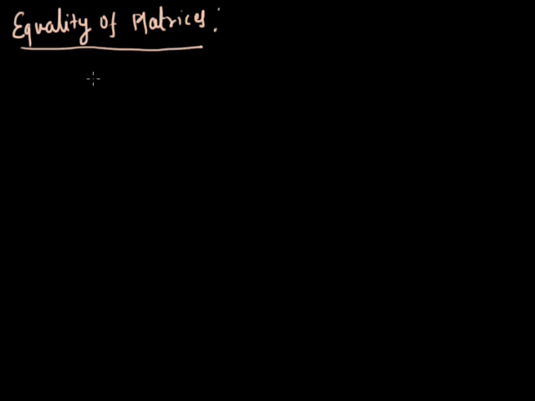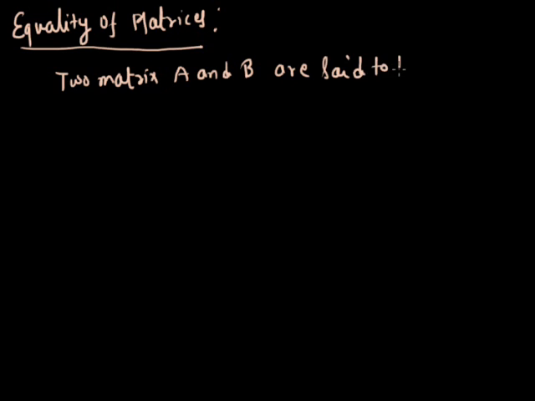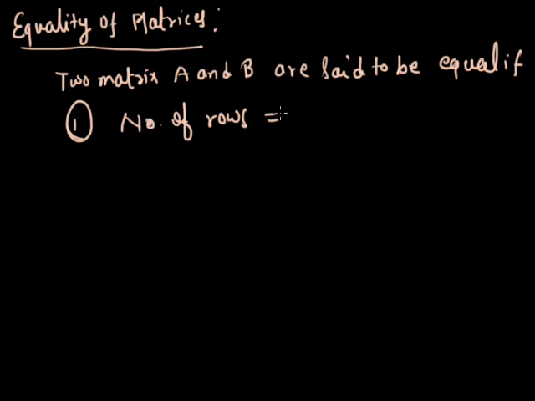Two matrices A and B are said to be equal if, first, the number of rows in A is equal to the number of rows in B.